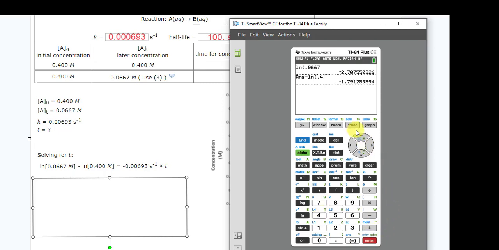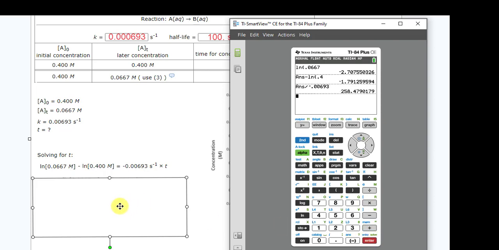So our difference in our logs is going to be negative 1.67, and we just have to divide that by our little 0.00693, and I'll include that negative sign so we don't get that negative time, which doesn't happen too often. I'll have a demonstration later on where we'll do negative time, but that's in another video. 0.693. Okay, we're set. We should see what our answer is going to be.